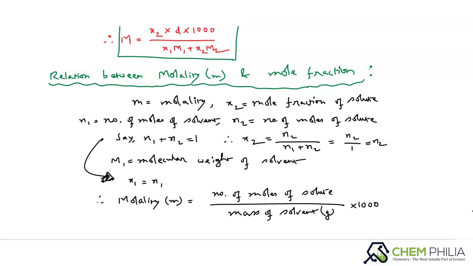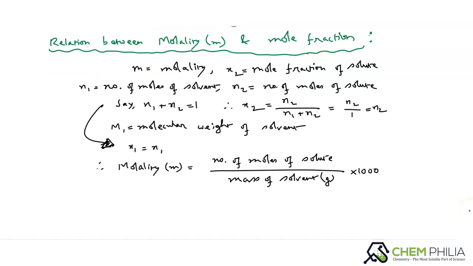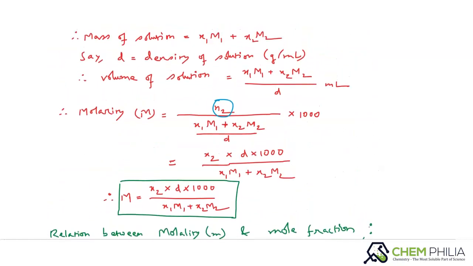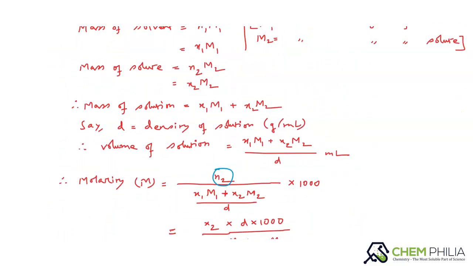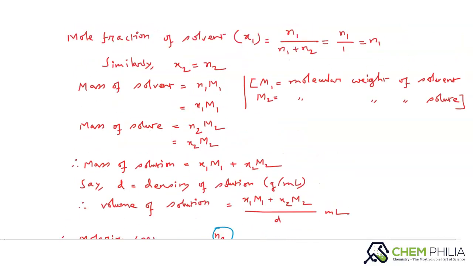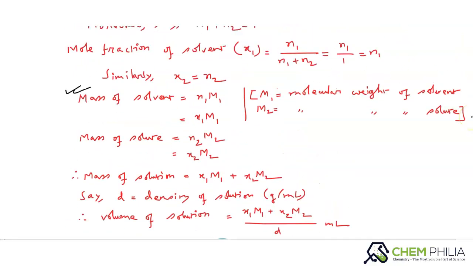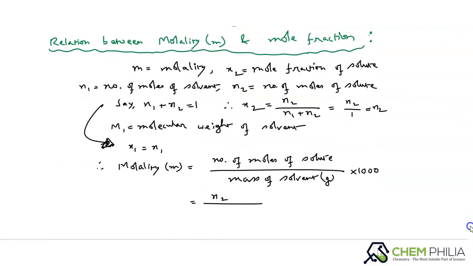It is in gram. So number of moles of solute is N2 divided by mass of solvent. You know that in the previous relation, the mass of solvent was x1 m1. So we will put this value in this case.